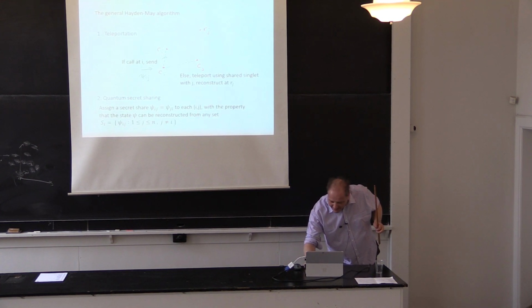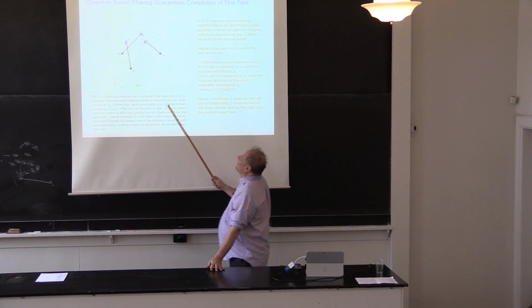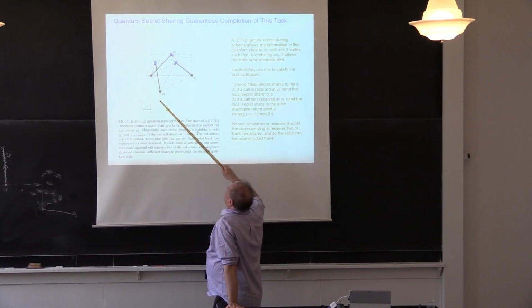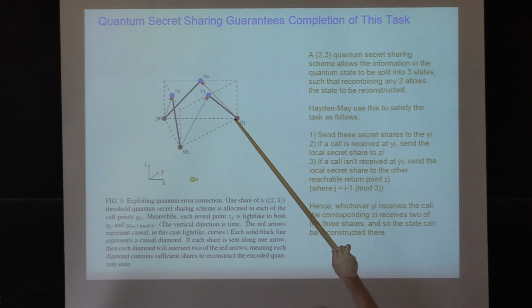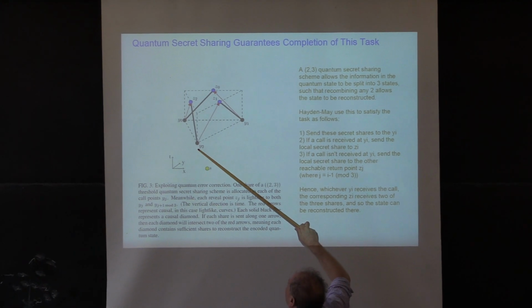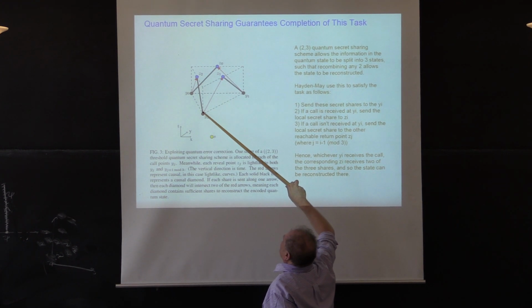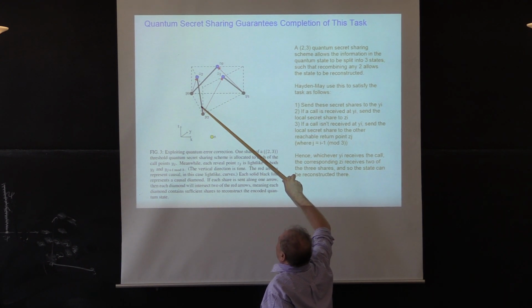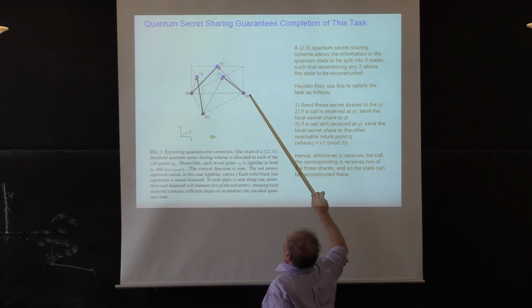So, and maybe it's easiest, I'll go back to their example. So the right statement then is if no calls come in, but Alice follows the algorithm, there will be, in each of the causal diamonds, at least one space-like or light-like, in the singular case, surface that contains enough quantum information to reconstruct the state.